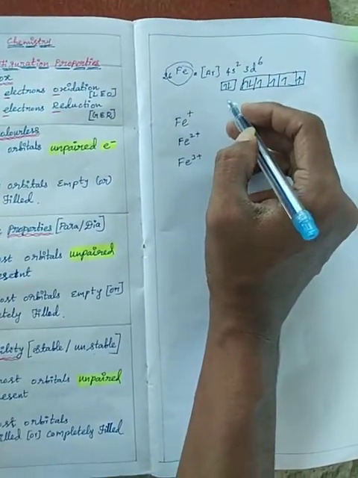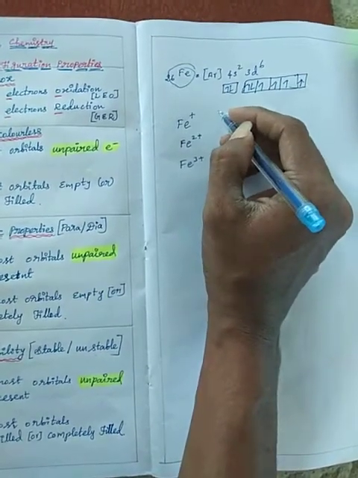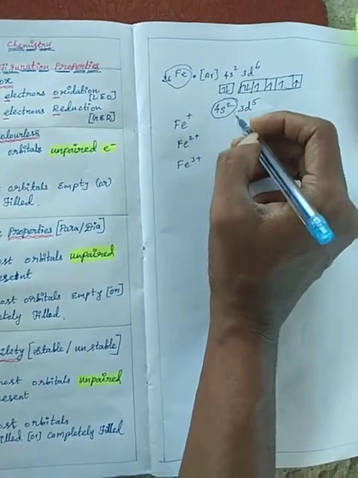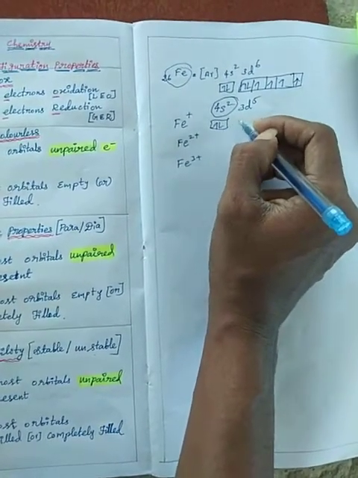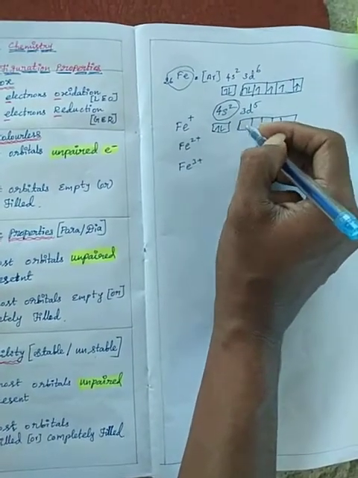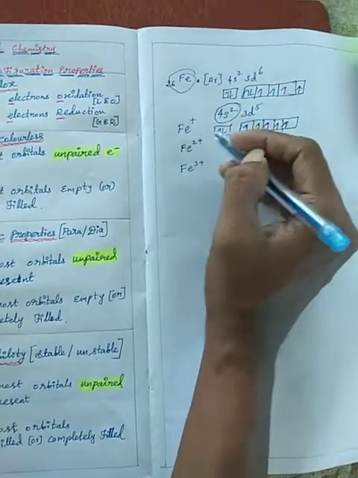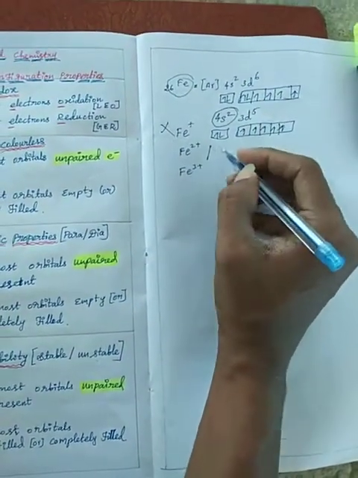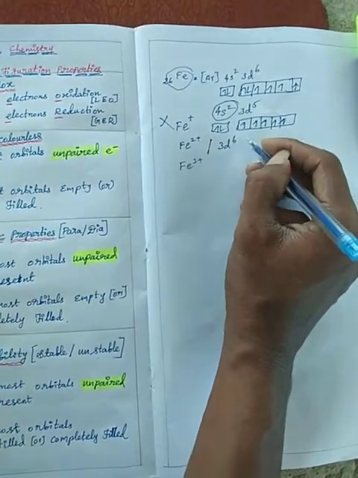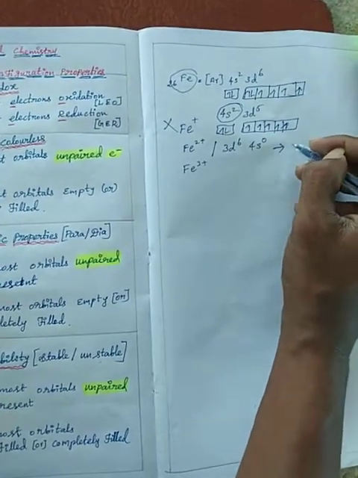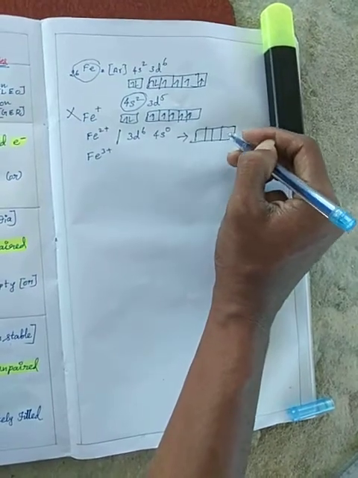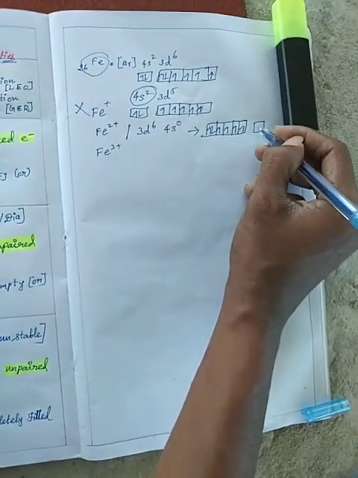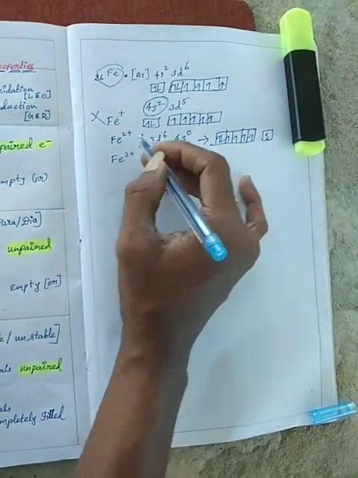For Fe2 plus, first consider losing one electron from the unpaired electrons of 4s2 and 3d5. First the lower energy s orbital loses electrons. 4s2 is completely filled and 3d5 is half filled, so losing 1 electron this way is not possible. Instead, Fe2 plus directly keeps the stable 3d6, and the 4s2 electrons are lost. So the 3d6 orbitals have the same 6 electrons, but the 4s orbital's 2 electrons are lost. So we mention 2 plus.